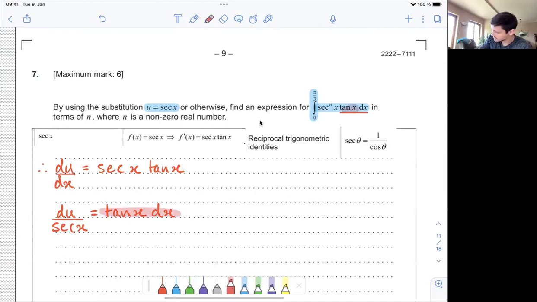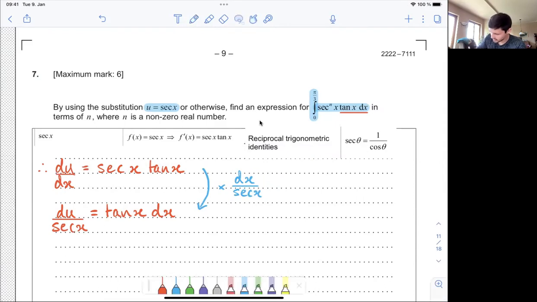Which is identical to the end of our integral in terms of x. Now let's say what we've done here. Going down, we've multiplied by dx over sec x. That's effectively what we've done to rearrange it to this.